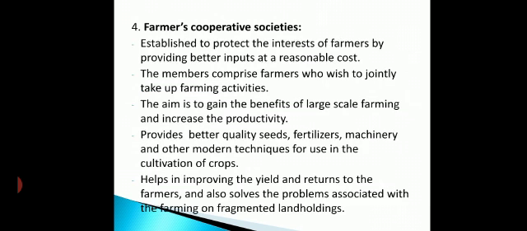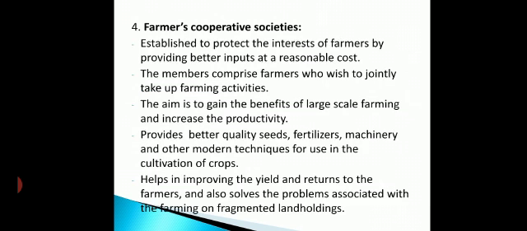The aim is to gain the benefits of large scale farming and increase productivity. Such societies provide better quality seeds, fertilizers, machinery, and other modern techniques for use in the cultivation of crops. This helps in improving the yield and returns to the farmers, and also solves the problems associated with the farming of fragmented land holdings.